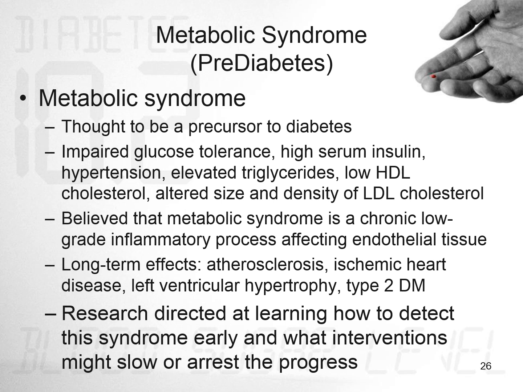It's believed that metabolic syndrome is a chronic low-grade inflammatory process affecting endothelial tissue. The long-term effects are atherosclerosis, ischemic heart disease, left ventricular hypertrophy, and type 2 diabetes. Research is directed at learning how to detect this syndrome early and what interventions might slow or arrest the process.